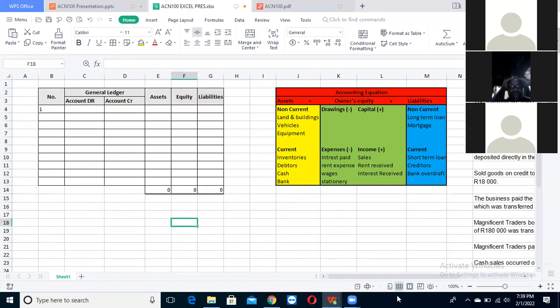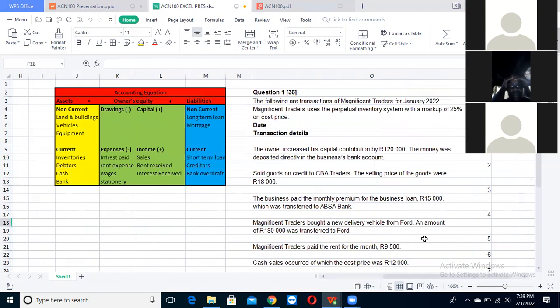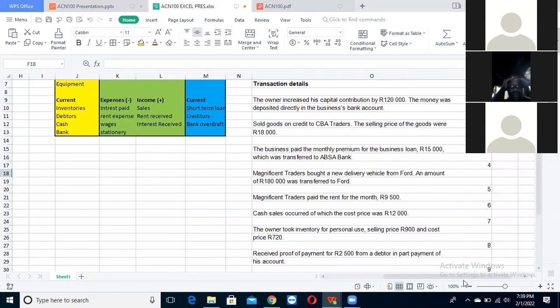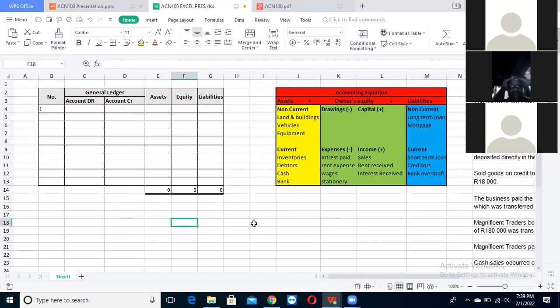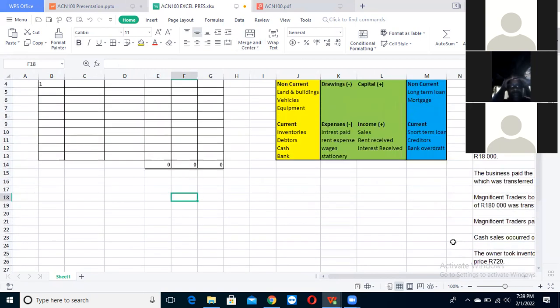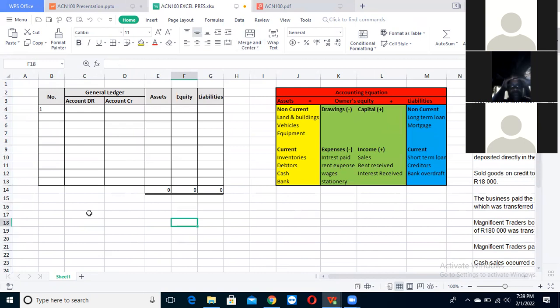We were told that we paid wages for 1,000. So we want to first identify the two accounts involved. We want to identify where the money is coming from and where the money is going. When we pay wages in the business, we use the bank account.